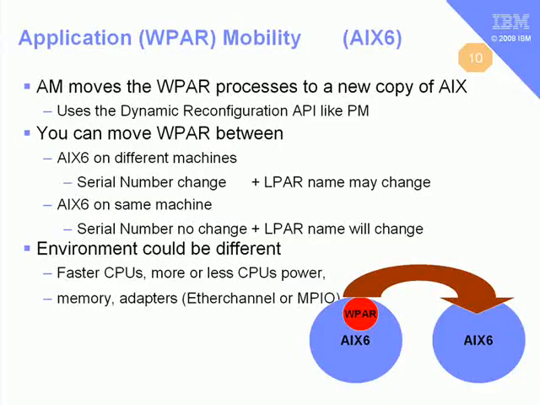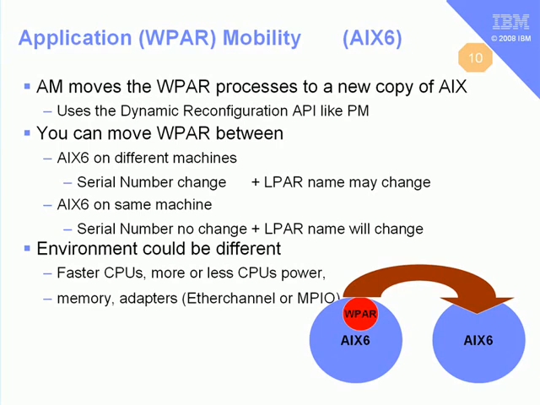With our workload partitions we have application mobility, where we can move a WPAR from one copy of AIX to another copy of AIX, either in the same machine or a different machine. And again, because we do the dynamic reconfiguration API, we get the same information captured as we do these sorts of operations, but in this case the serial number may not change because you could be jumping between two copies of AIX running on the same machine.